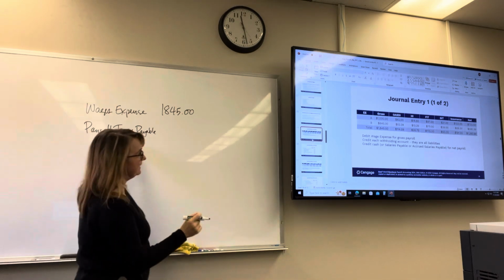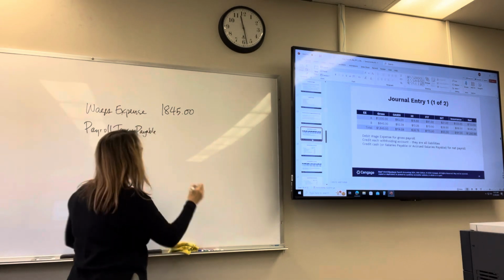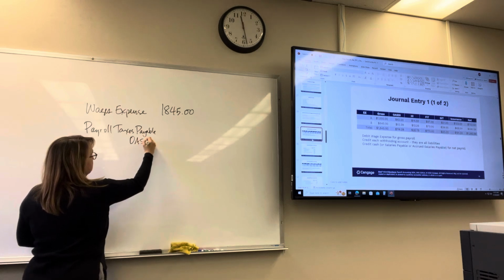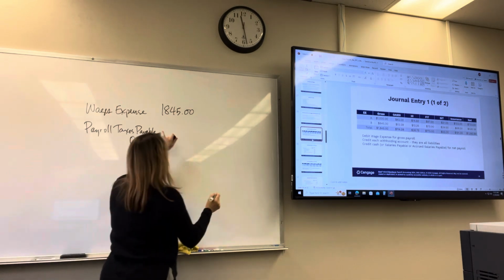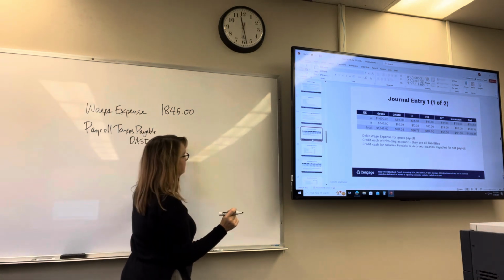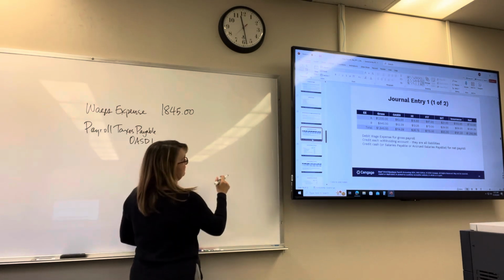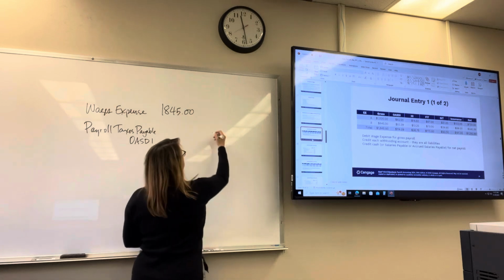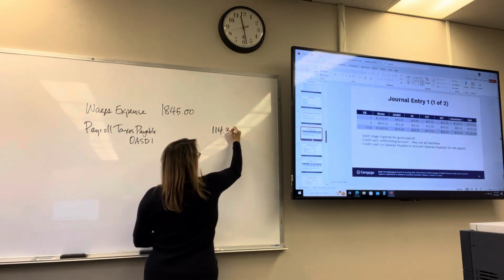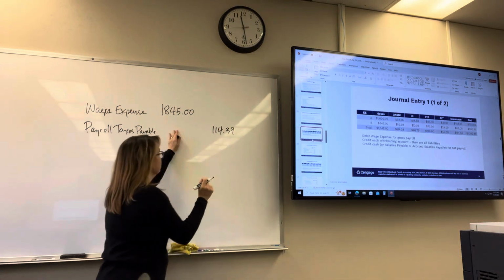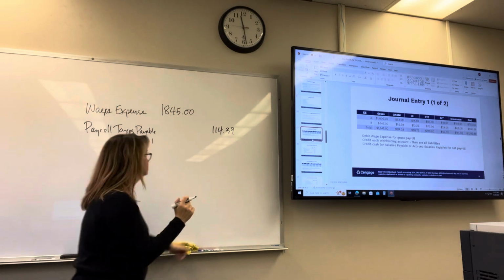So they've got this divided up between OASDI and HI. And because this is a liability account, liability accounts have a normal credit balance. This is going to be a credit. So 114.39. And remember, all of our debits are going to have to equal all of our credits here.